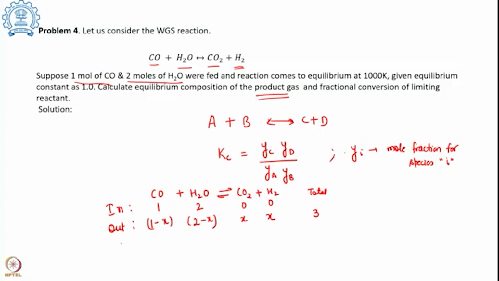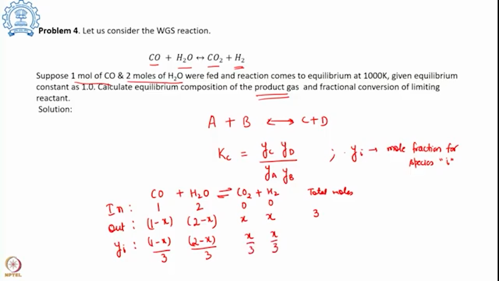So, we can also find out the mole fraction from here. Mole fraction is the moles which we have found in the output side divided by the total number of moles. So, 1 minus x by 3, 2 minus x by 3, x by 3 and x by 3.